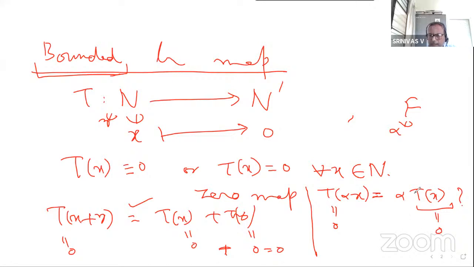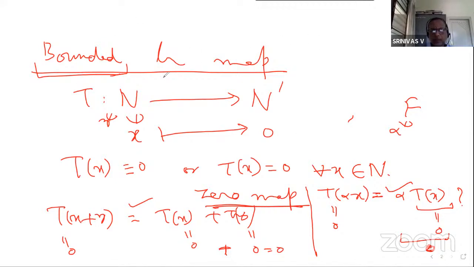That's how this also will be 0, and these two zeros are the same zeros in the codomain n dash. That's how we have equality here. So the zero transformation is a linear map from the space n into any space n dash. This is a constant map.